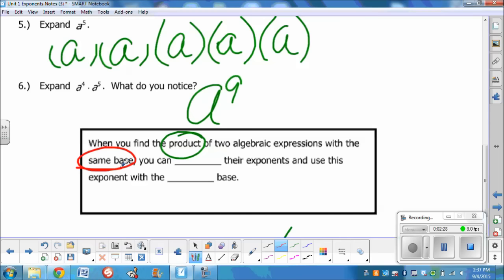Here's the big understanding: you can add their exponents and use this exponent with the same base. Go ahead, flip the page.